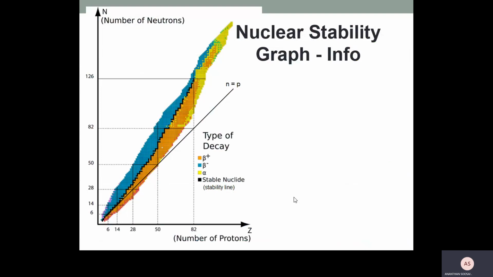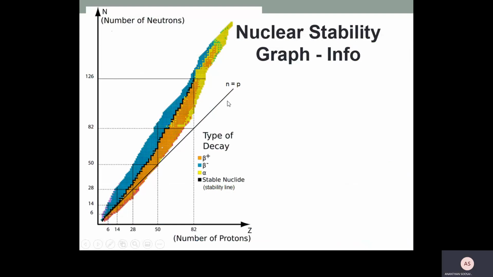Okay, now talk about stability. This is the data that has been collected: neutron number versus proton number. You know the zigzag line. The zigzag line is where the stable elements lie.